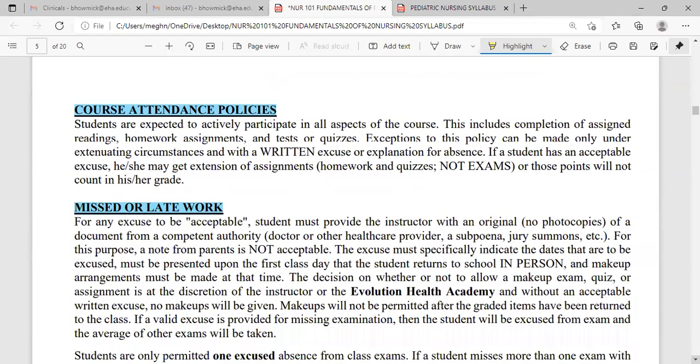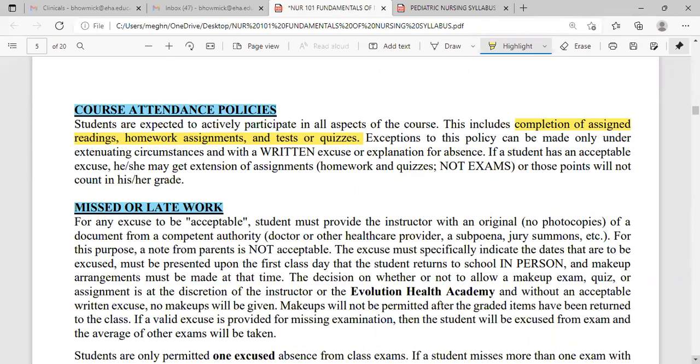So the course attendance policies: the students are also expected to actively participate in all aspects of this course. And this includes the completion of assigned reading, homework, assignments, and tests or quizzes, right? And exceptions to this policy can be made only under some circumstances or with a written excuse for why you are absent.